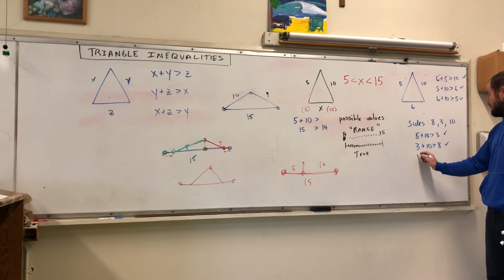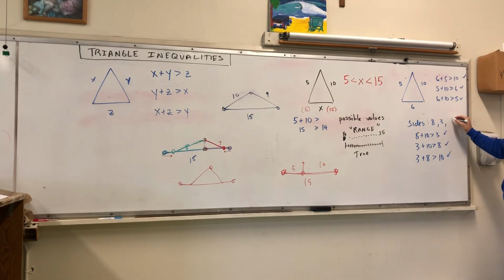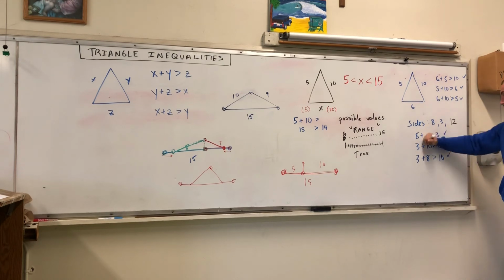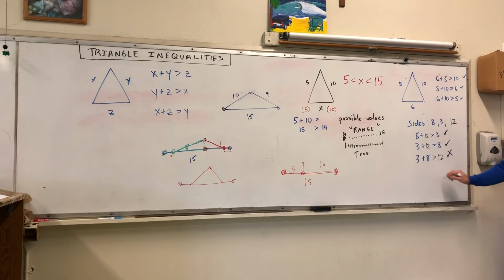And then we could say 3 plus 8 is greater than 10. Yeah, that works out. But let's say I change this value to 12. Okay, 8 plus 12 is greater than 3? Good. 3 plus 12 is greater than 8? Good. 3 plus 8, is that greater than 12? No. This is not a triangle.